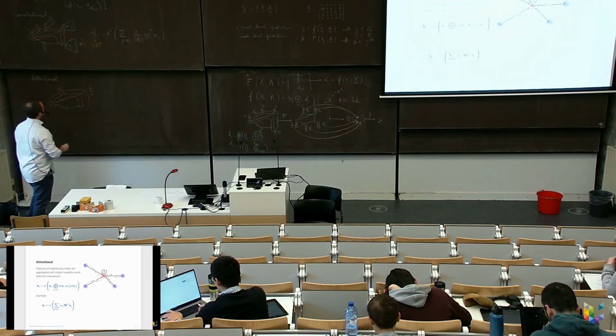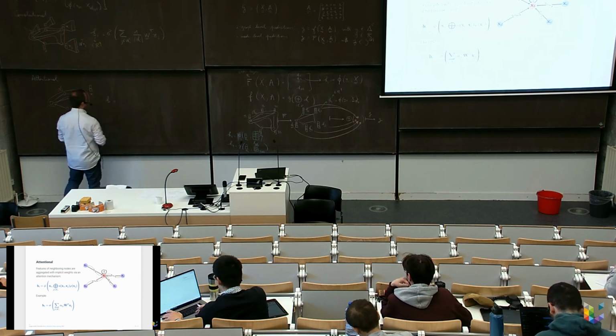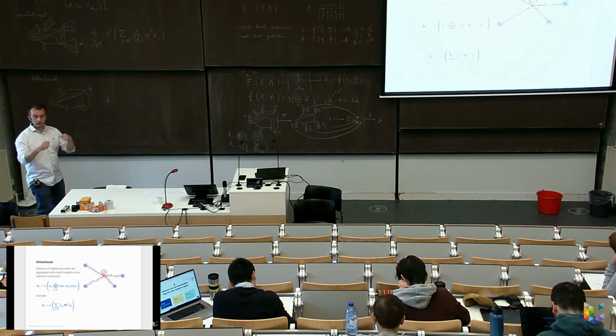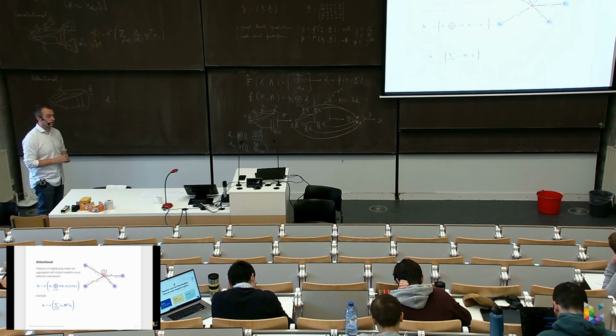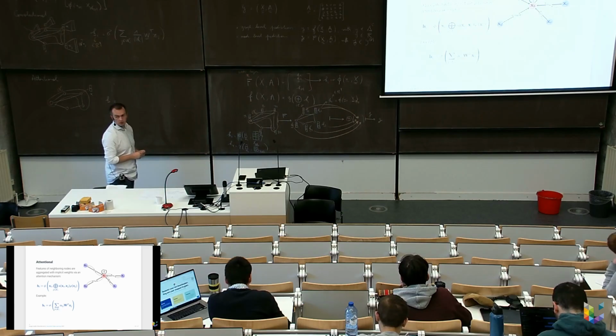And now what we'll do is to say that hi is still a weighted mean, but now where the weights will be a function of the data. Exactly as in an attention layer, we saw that we were just implementing a weighted mean where the weights were given by the attention matrix.